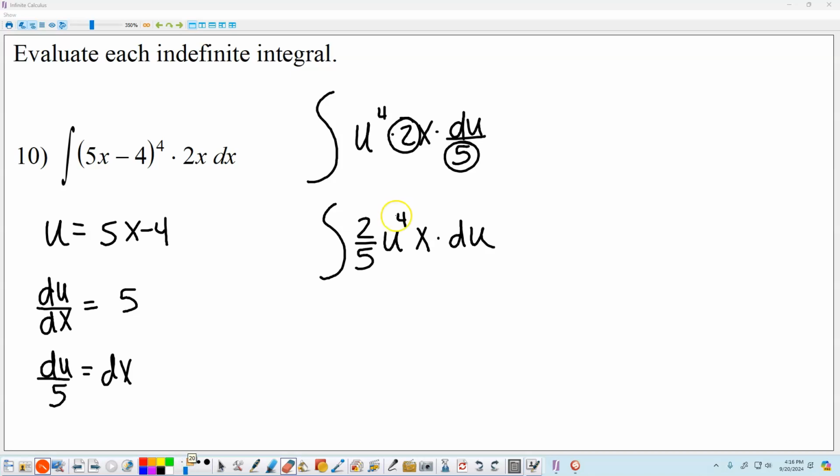And actually, I think also I'm going to put the u on the top here with that too. All right. So I'm just rearranging things. I put these three things together. The 2u to the fourth goes on top.